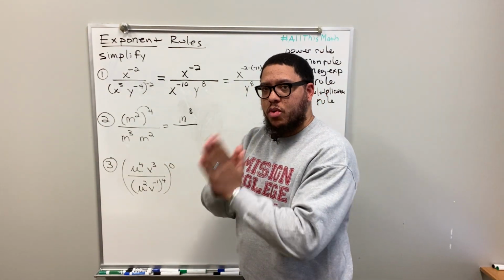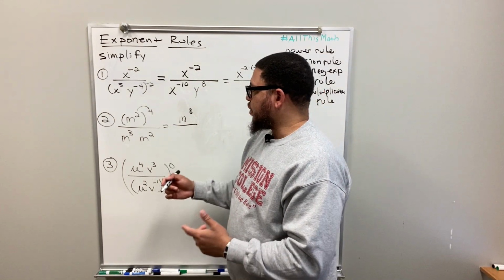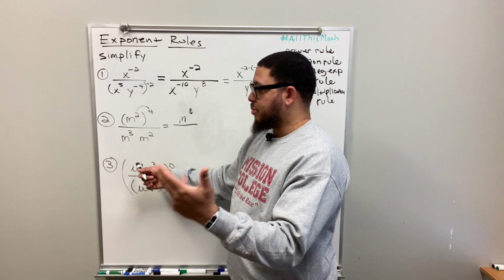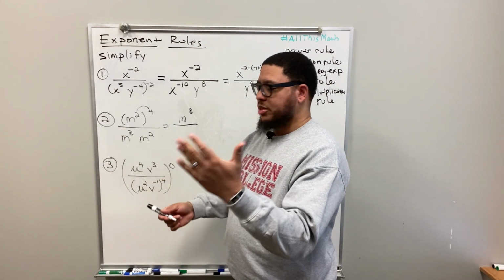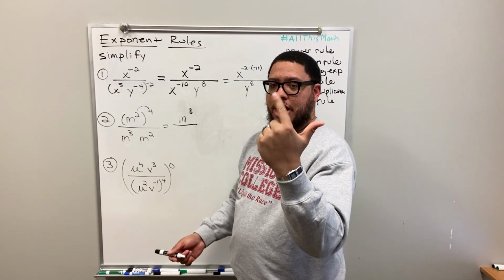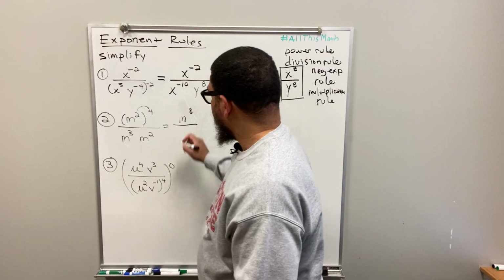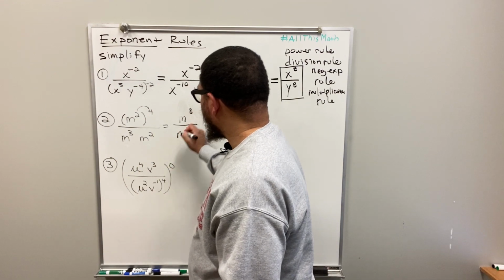You write that variable one time and take the sum of the 2 exponents. Because really, I got m times m times m right here, and then m times m right here. Altogether, that's 5 m's. That's why it should make sense, right? So we got m to the 5th.